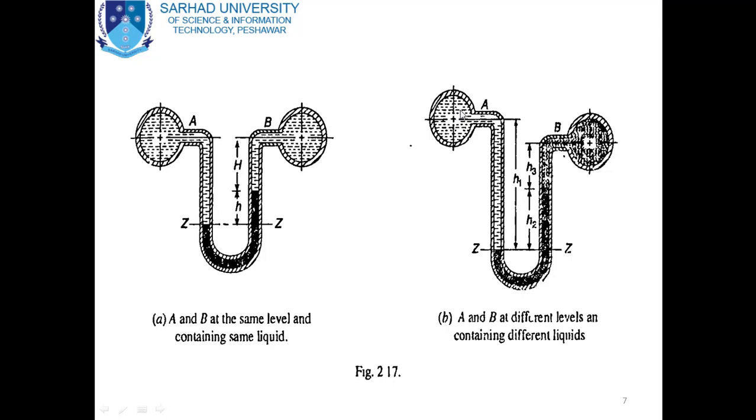As a result, the pressure in pipe A exerts pressure on the heavy liquid in the U-tube to move downward, and the heavy liquid will rise in the right limb.